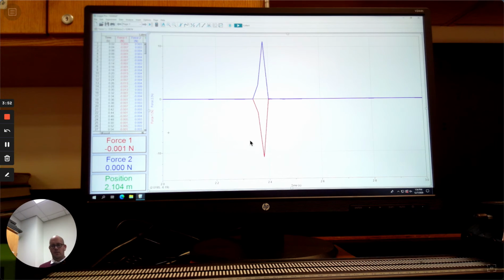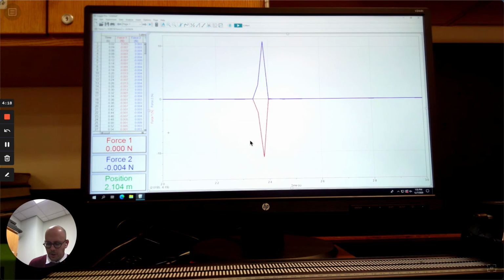There's something to get used to here, and fortunately, the Logger Pro software makes it easy. Car 1 is going to be on the left-hand side. When you draw F12, that stands for the force of car 1 on car 2, so car 2 is going to get pushed to the right.